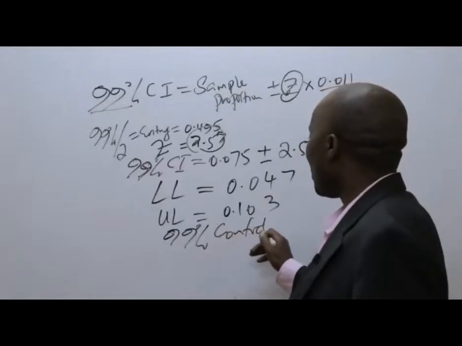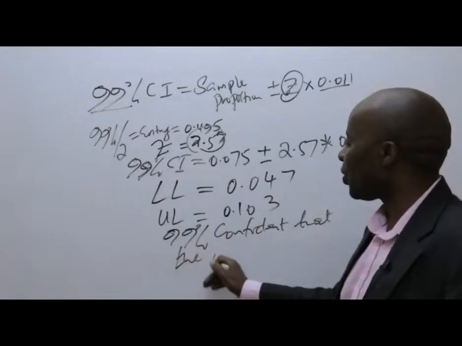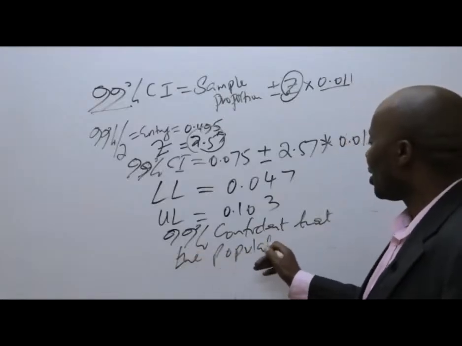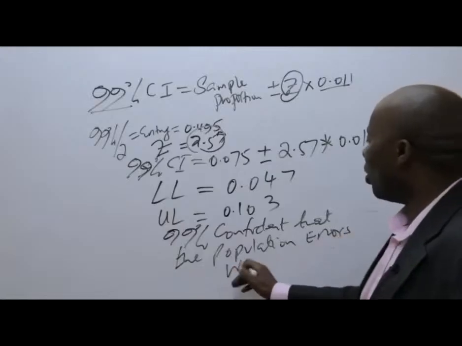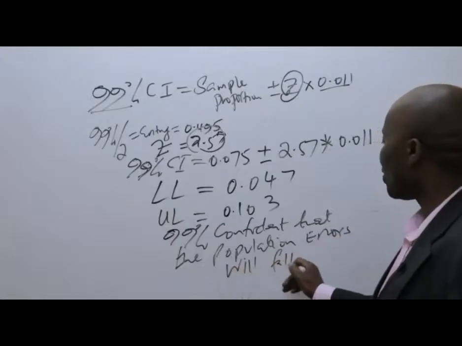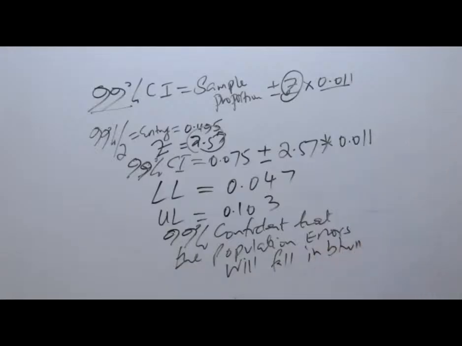So meaning that we are 99% confident that the population errors will fall between 4.7% and 10.3%.